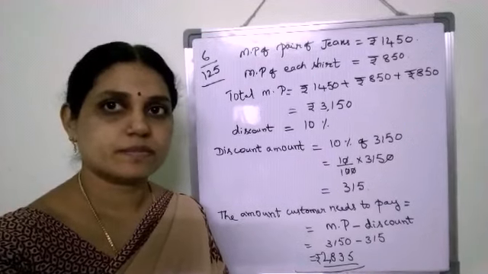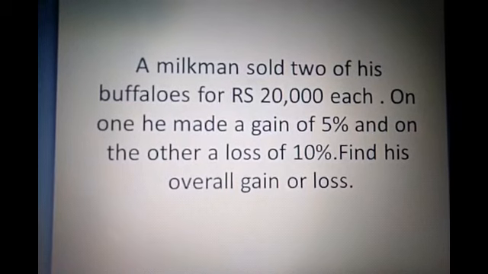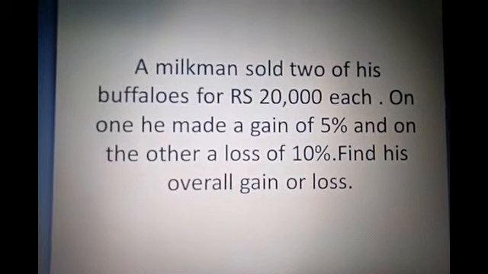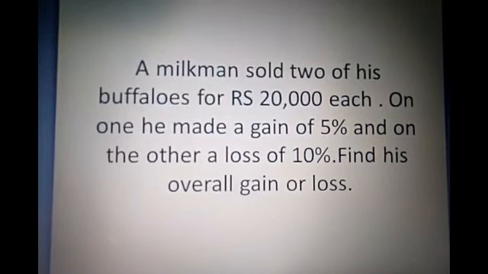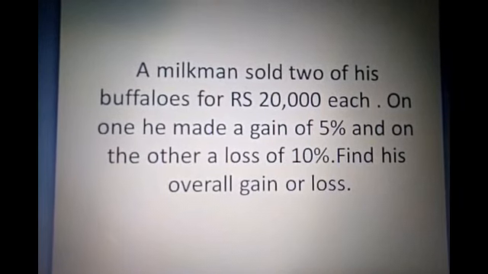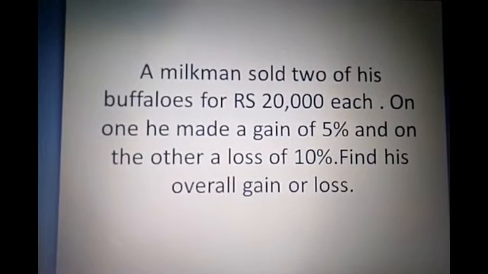Okay. Seventh sum. A milkman sold two of his buffaloes for 20,000 rupees each. On one he made a gain of 5% and on the other a loss of 10%. Find his overall gain or loss.